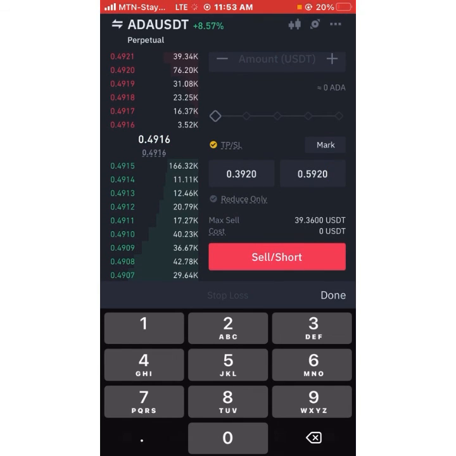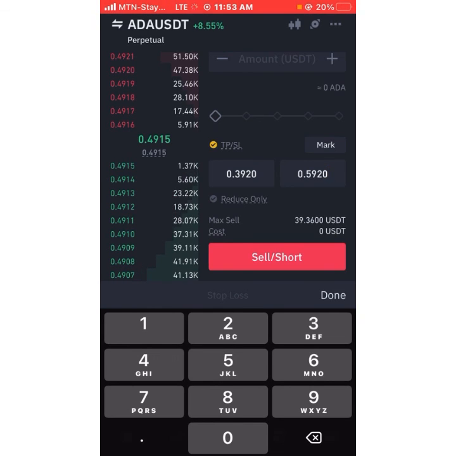I repeat, you place your take profit when you are projecting the market is going to go up. If you want to place a buy order, meaning you are projecting the market is going to go up, you put your price above the current market price so that you can take profit.